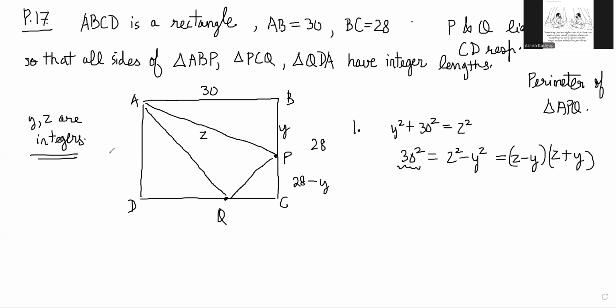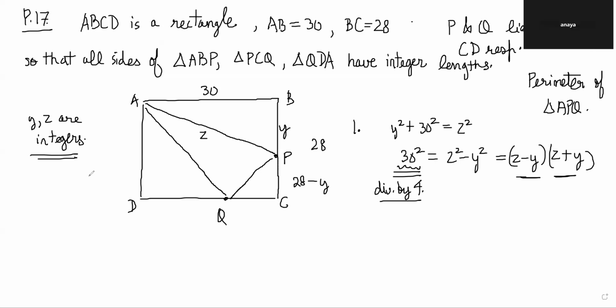So the left hand side of it is divisible by 4, right? Yeah. Correct. So the right hand side also has to be divisible by 4, right? Right. So think about it. That means that y and z have to be both even or both odd.